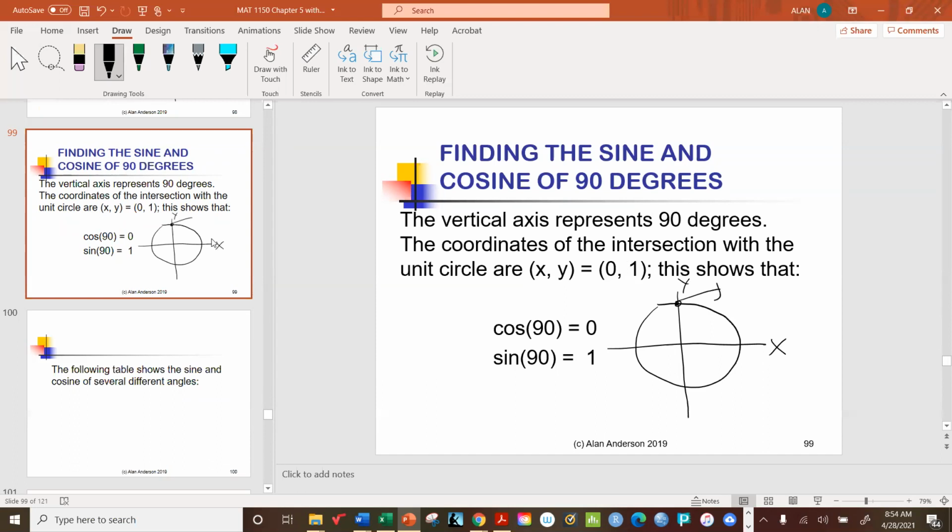And of course, these are the XY coordinates. And once again, X is cosine, Y is sine. But because this is a unit circle, this implies that X is 0 and Y is 1. And then we can just turn around and say that that implies that the cosine of 90 is 0 and the sine of 90 is 1.